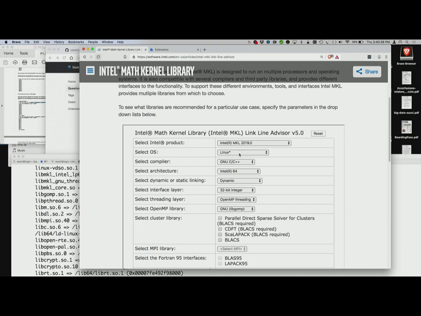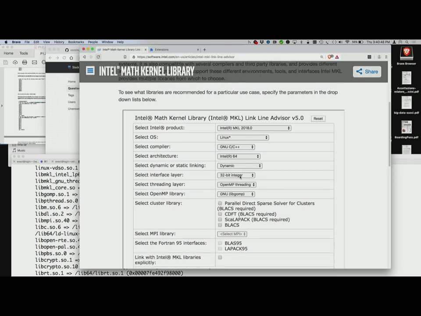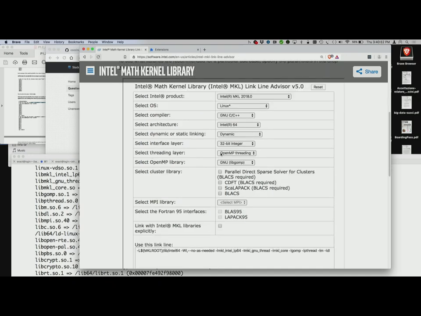So I ask for the library, the version, again Linux, the compiler, the architecture, the dynamic way, interface layer 32-bit, OpenMP threading, and when I say threading layer OpenMP, and then OpenMP library, I selected the GNU library.